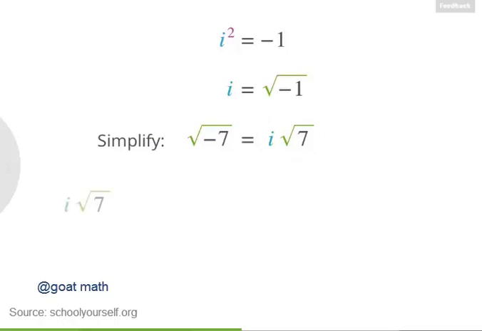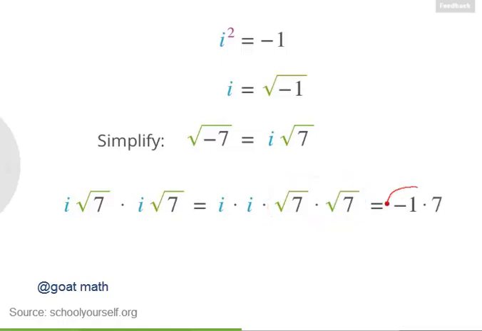Let's double check that. If we take i times the square root of 7 and square it, so we're multiplying it by itself, what do we get? Well, we can reorder the terms so it's i times i, and then times root 7 times root 7. i times i is -1, and root 7 times root 7 is 7.